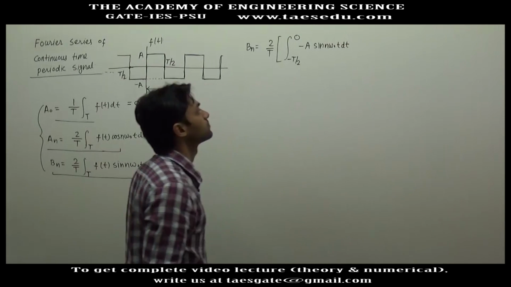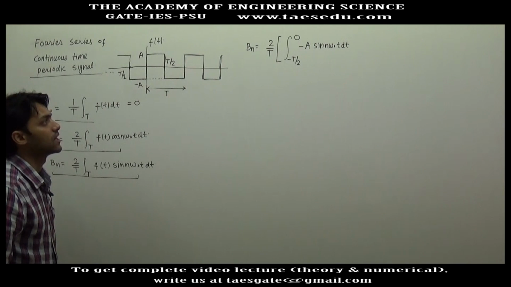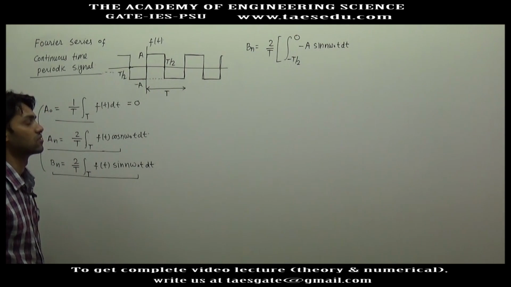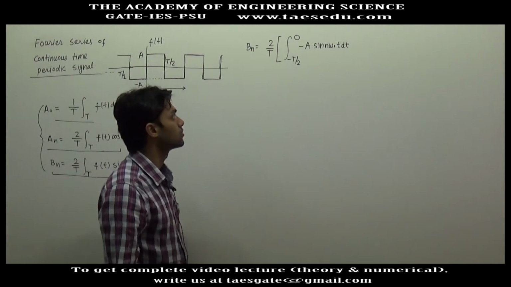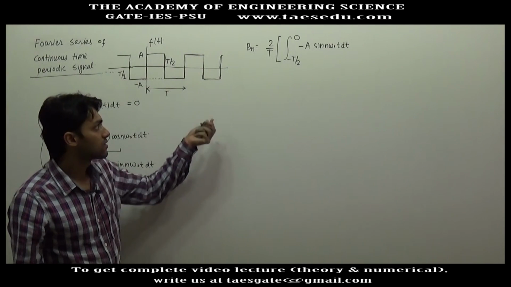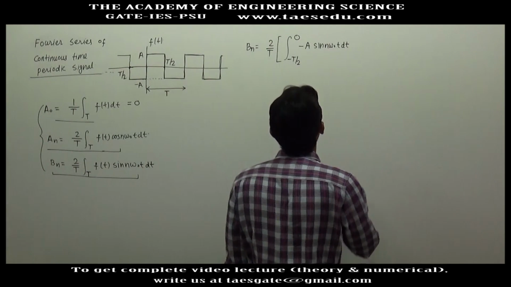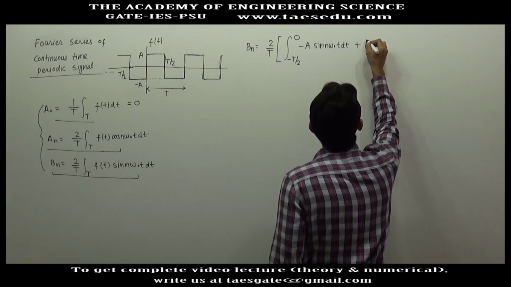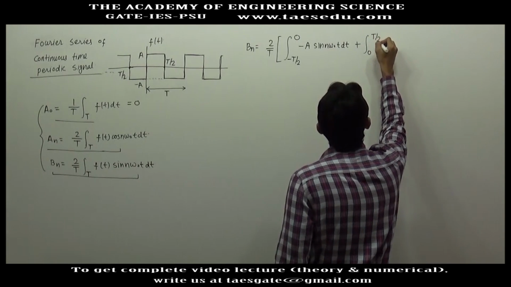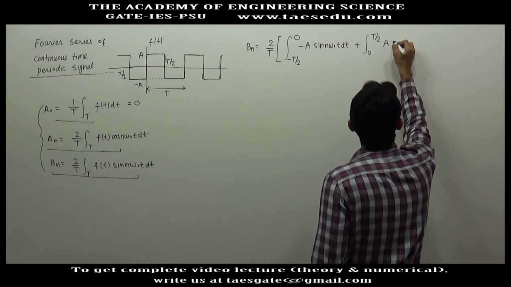After this I will solve it, and we will also decide with the help of the graphical method whether it is 0 or not, both for the coefficient of cos terms and the coefficient of sine terms. Plus 0 to T by 2, in this part the value of the function is constant at A.